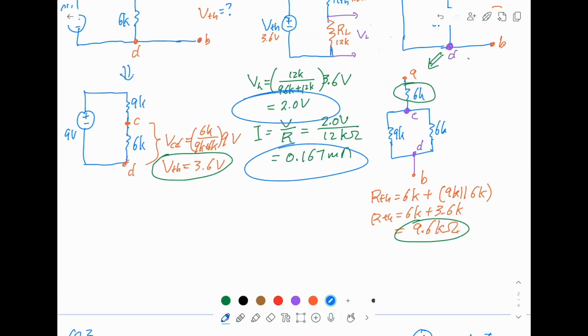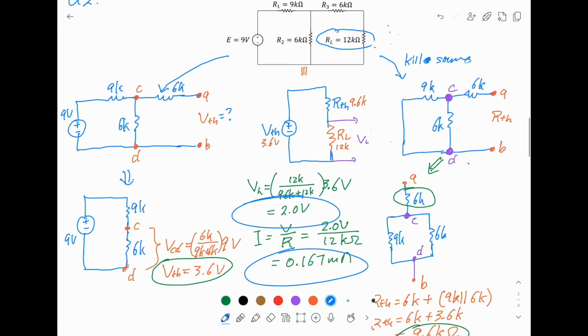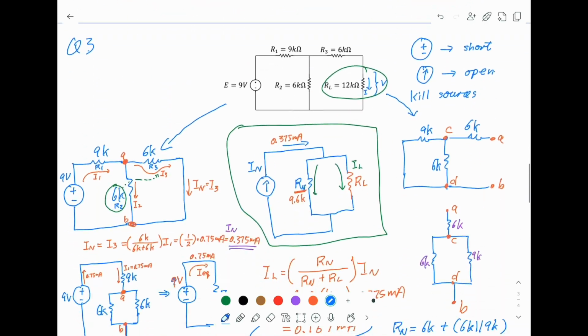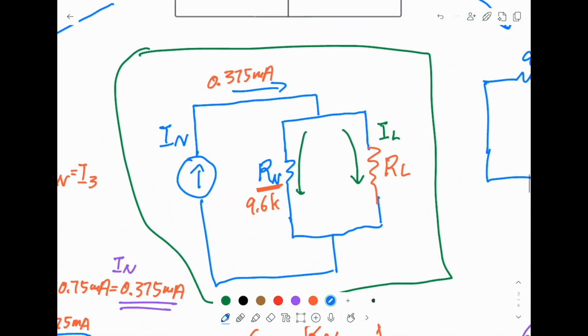It means from the point of view of RL, you can replace the outside circuit either by a potential divider, this is what the Thevenin theory says, or a current divider, this is what the Norton theory does.